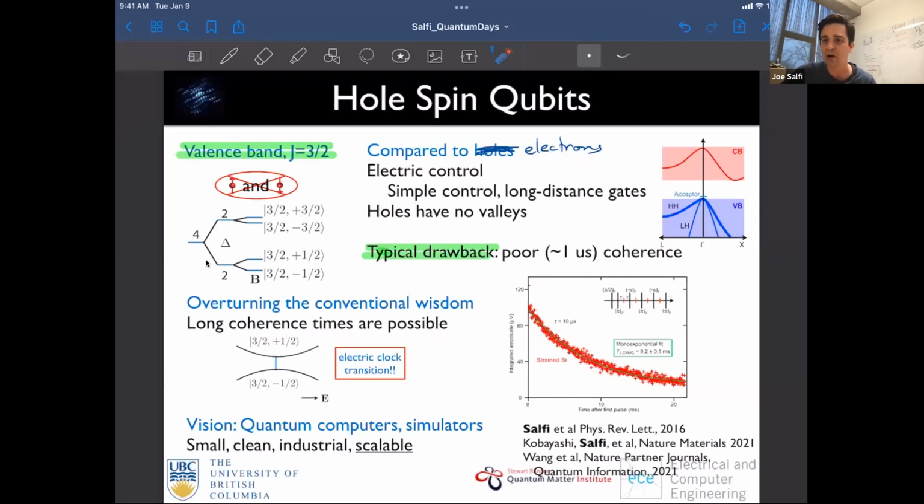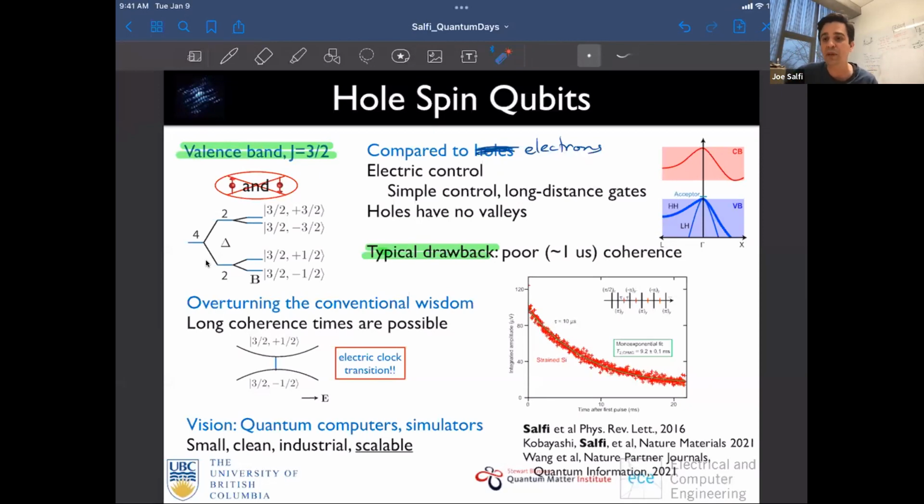So this sparked myself and colleagues to start thinking, okay, could we find the equivalent of a clock transition in this system? Like the kind of transition that makes an atomic clock have a long lifetime, where you can manipulate the system, but its Larmor precession frequency is insensitive to fluctuations. And in this case, we would need it to be insensitive to electric fluctuations.